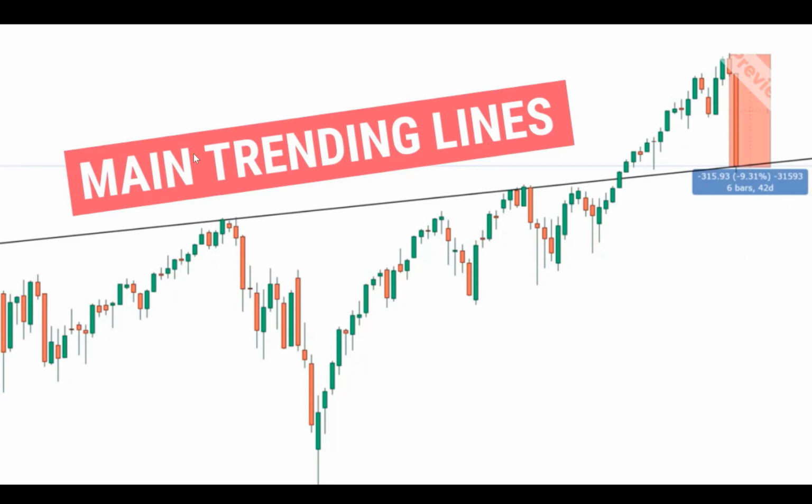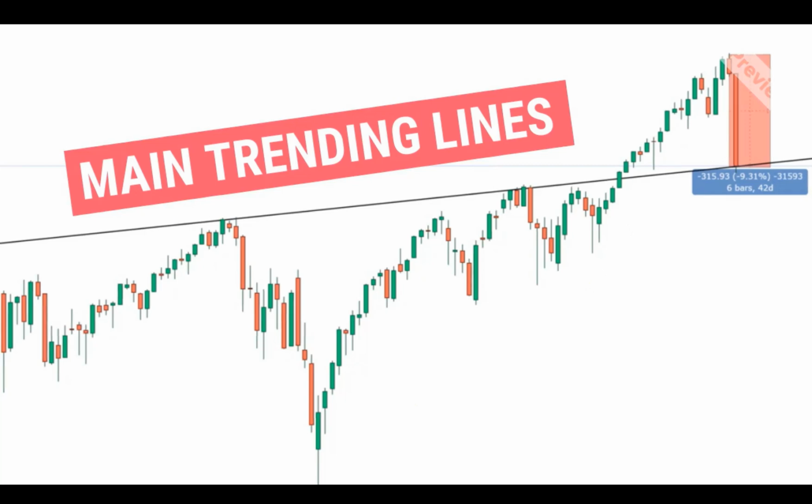So this is an example. This was a main trending line in the past months, in the past years. If you mark this specific trending line in the chart, we can maybe take a position at that specific point to use the bounce of the stock market to profit.